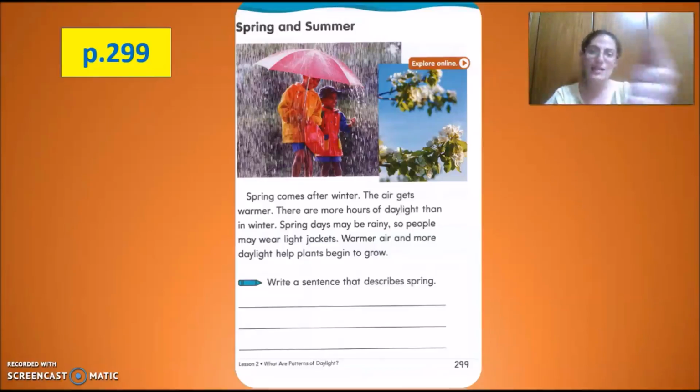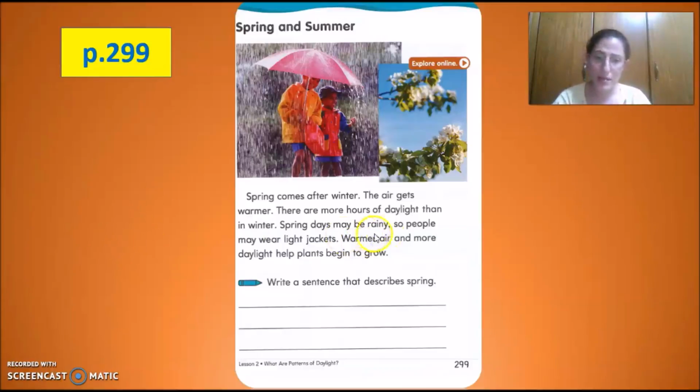Why? Because as the Earth is rotating around the Sun, at some times it is tilted closer to the Sun, resulting in the spring and the summer and giving us more hours of daylight. At other times it is tilted away from the Sun, providing us with winter and fall, which has less hours of sunlight. Clear? So far so good?